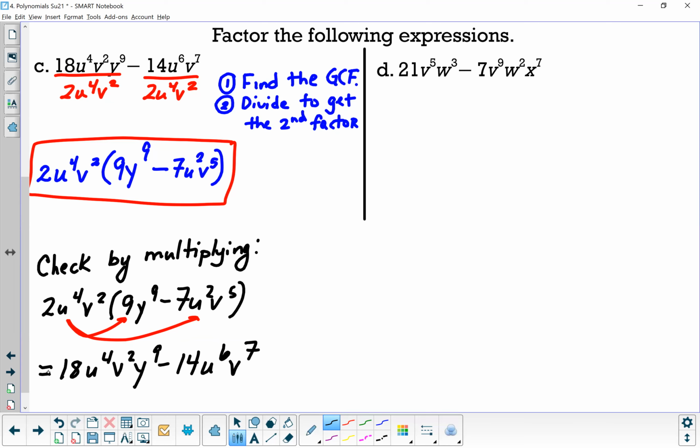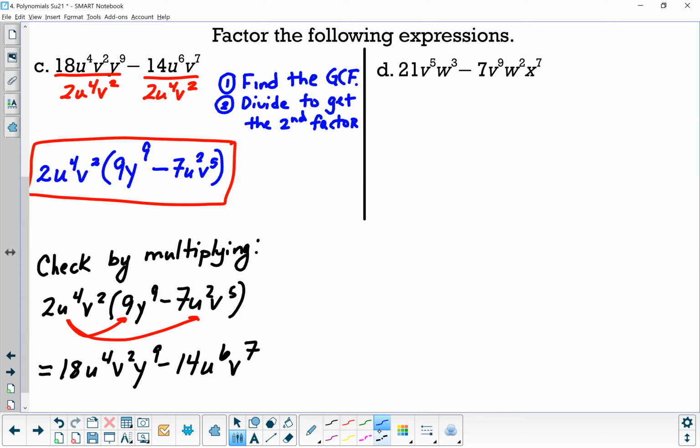All right, let's take a look at D. We have 21b to the 5th w cubed minus 7b to the 9th w squared x to the 7th. Go ahead and pause the video and try it, and then we'll do it together. All right, so first we're going to find the GCF.